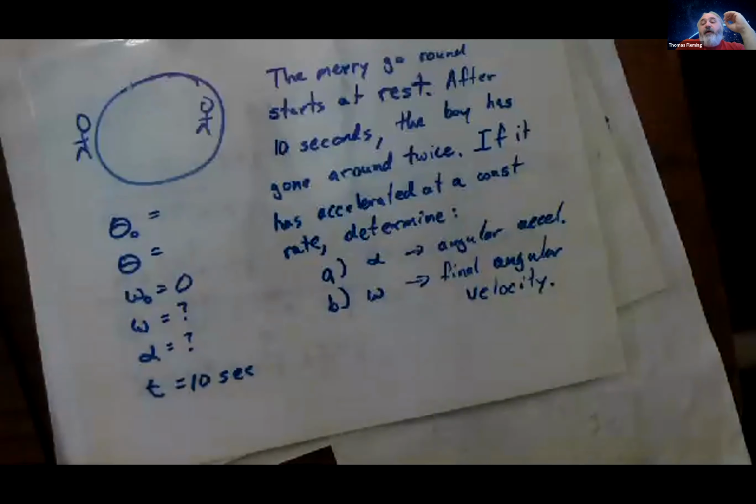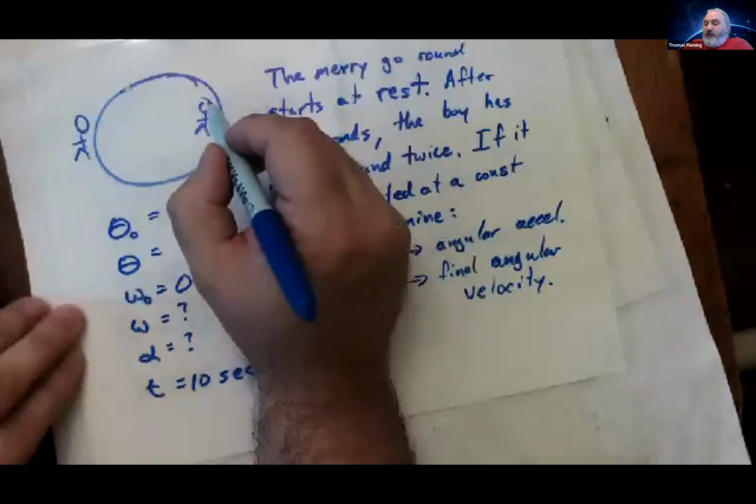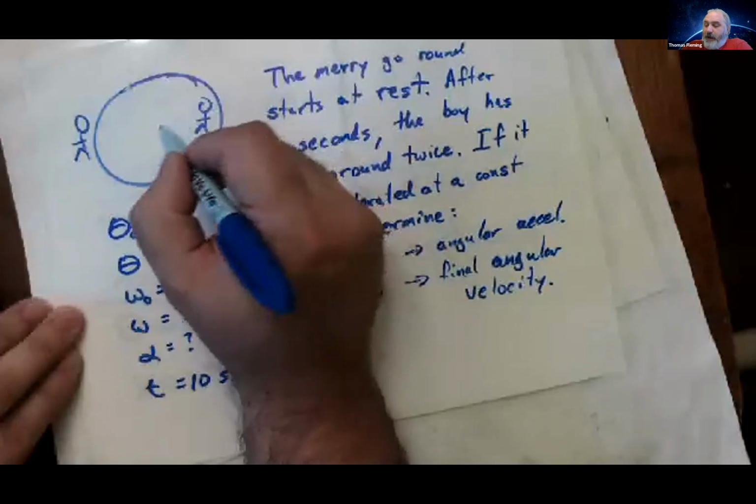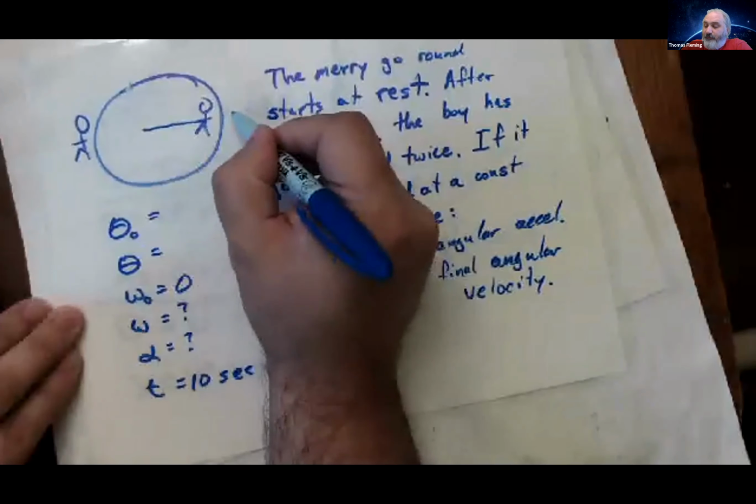You had to pick some location and call that x equals 0, and then measure everything else from that. In chapter 10, the same thing is true. So wherever the boy is originally, I'm going to call that theta equals 0.